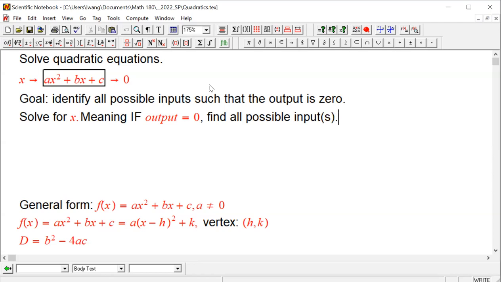It could be 2, it could be 1, it could be none. So that's the meaning. Let's look at some examples. The general method, there are 3 methods.